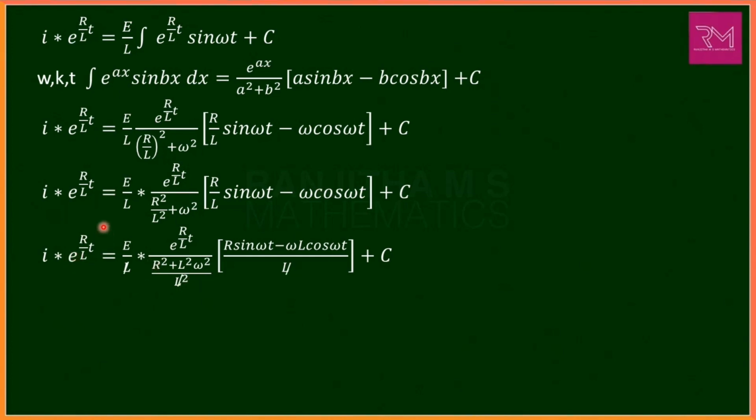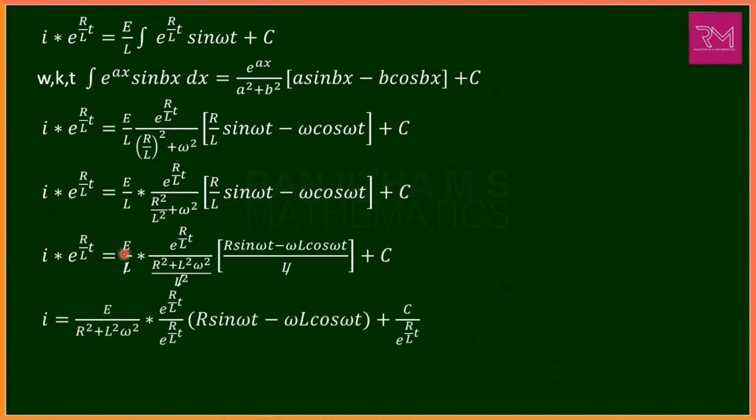Take this exponential power of R by L into t to the right hand side. We get I equals E divided by R square plus L square omega square into, if we divide this value to the left hand side, it divides this term and also that term. So we take exponential power R by L into t divided by exponential power R by L into t into R sin omega t minus omega L cos omega t plus C divided by exponential power of R by L t.